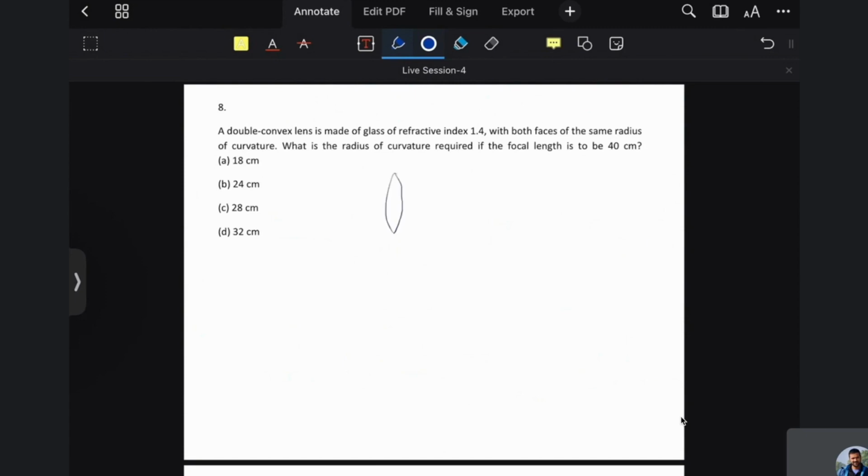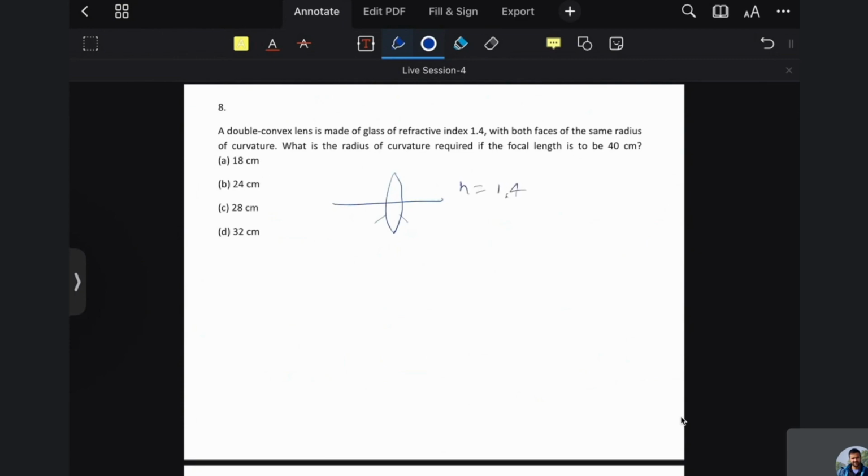So we have a double convex lens. Double convex lens means both sides, this and this, are convex curved surfaces, and its refractive index is given as 1.4.